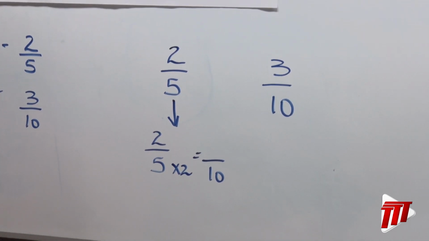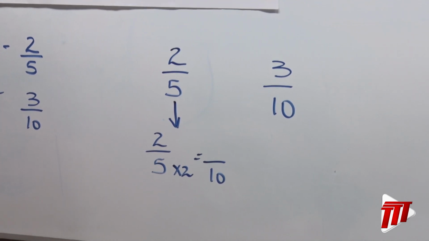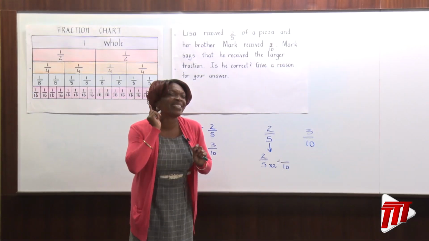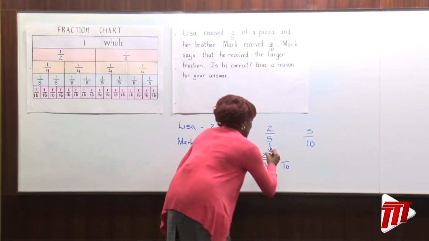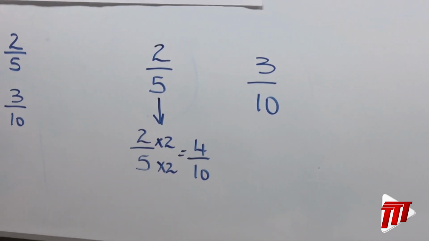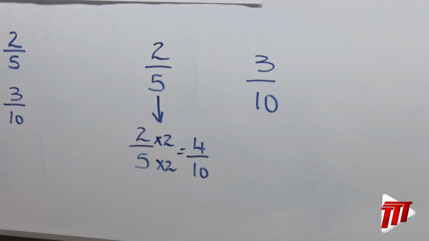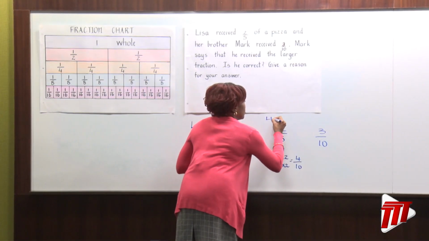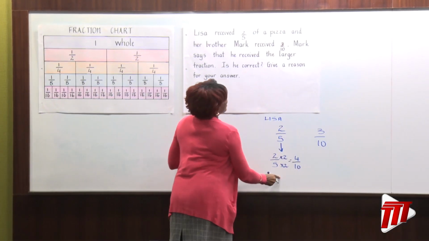What do we do with the numerator? Do you remember now? Of course you do. Multiply by the same number. 4/10. So Lisa received 4/10.